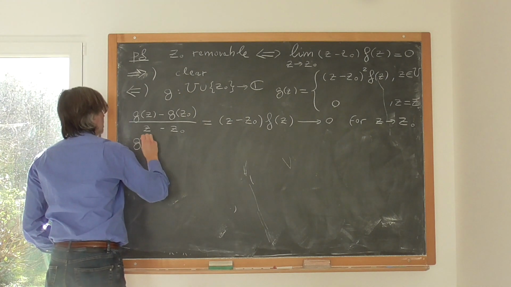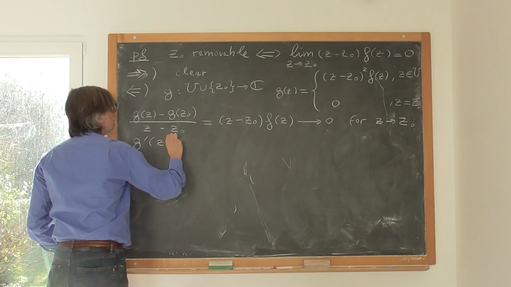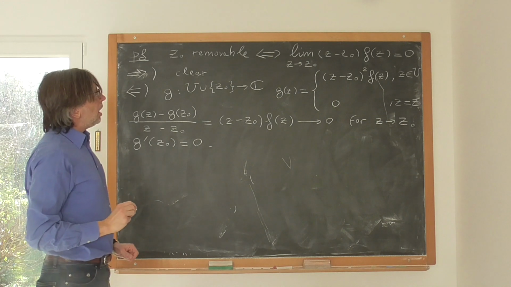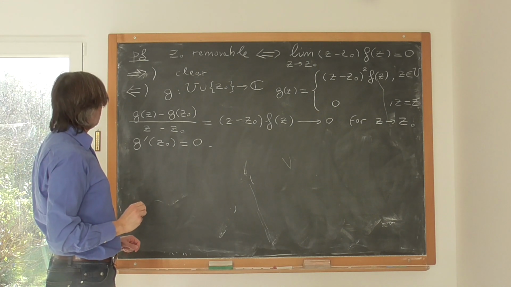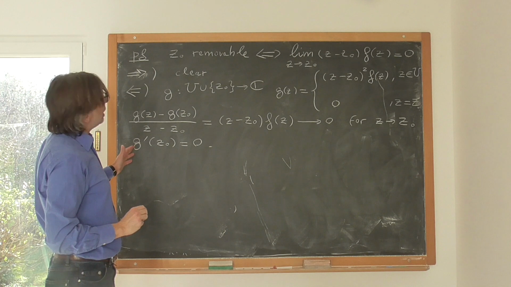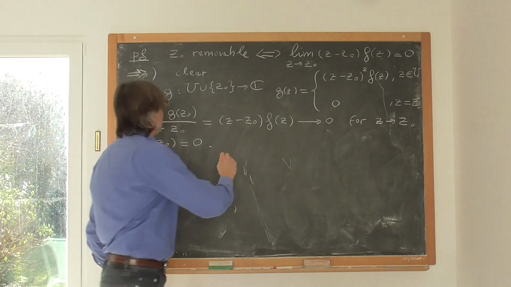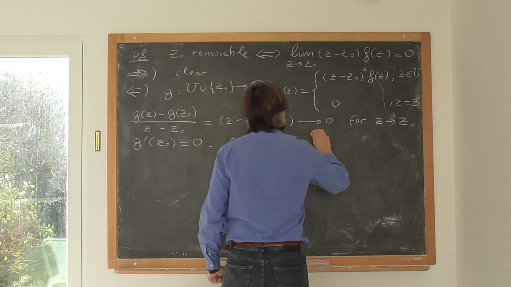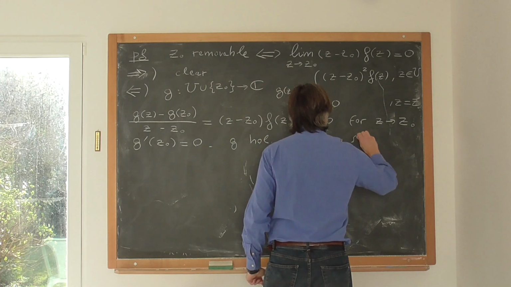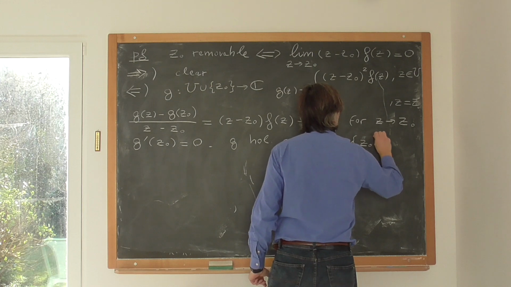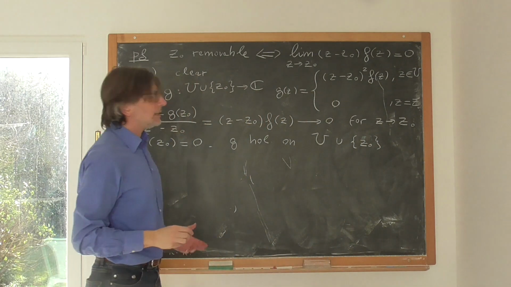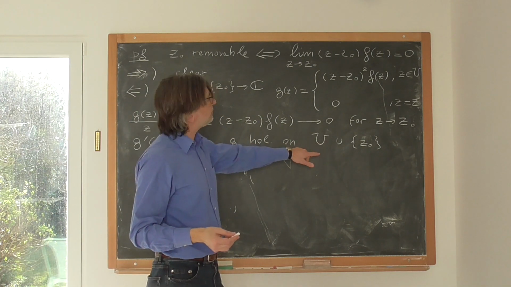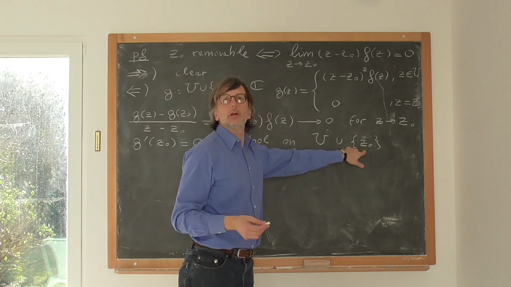So g prime at z naught is 0. Okay, so g is now a holomorphic function on U union z naught. And as such, it has a power series expansion around z naught.